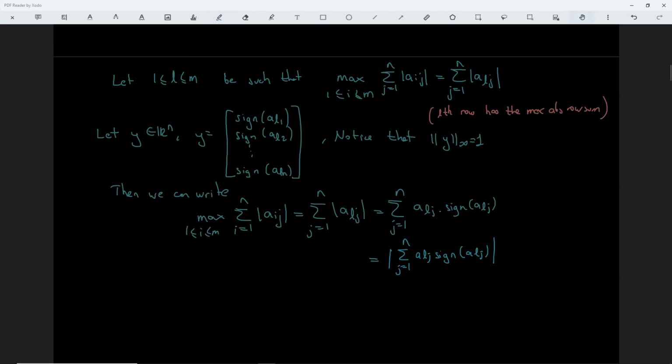Okay, so this was simply equal to the absolute value of the lth row R_l times y. Okay. So this is the lth row. Can emphasize once again.